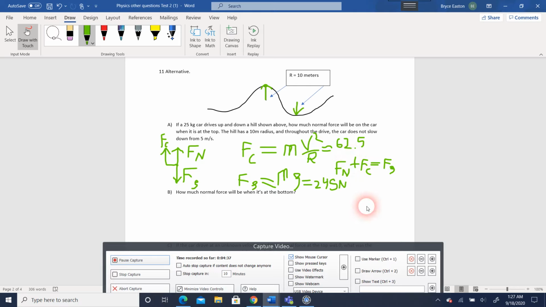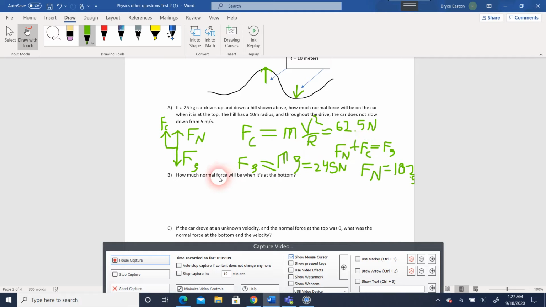We plug these values in, and that gives us 245 newtons minus 62.5 newtons is going to be equal to Fn. So Fn is going to be equal to 182.5 newtons. And that's our answer here.